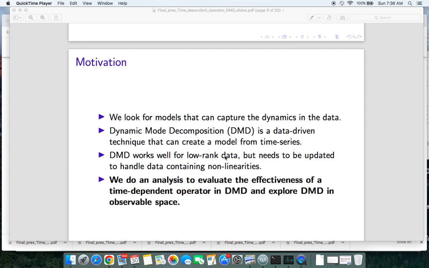It works well on low rank data, linear data, but needs to be updated to handle data containing non-linearities. We do an analysis to evaluate the effectiveness of a time-dependent operator in DMD and explore DMD in observable space.